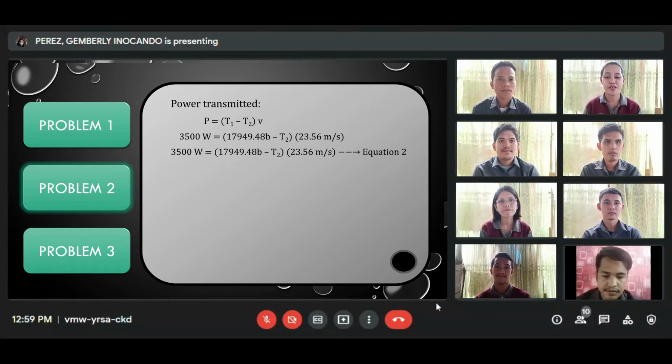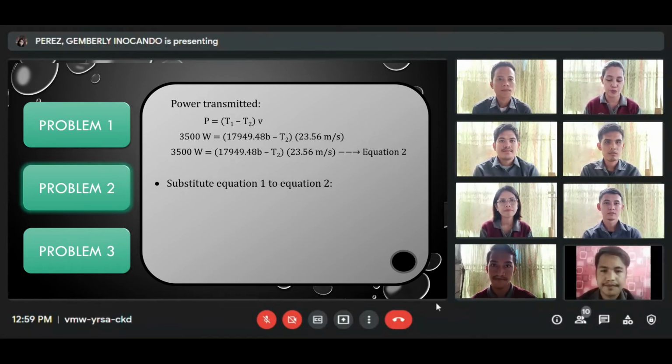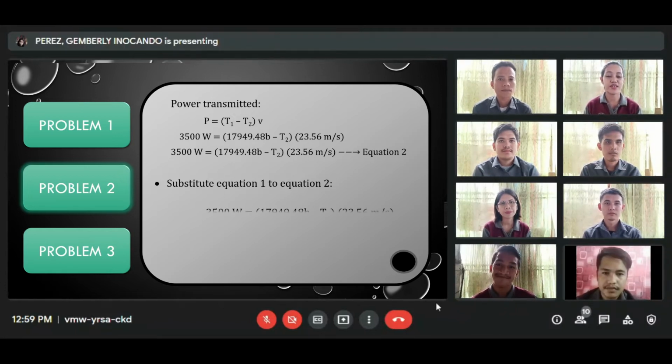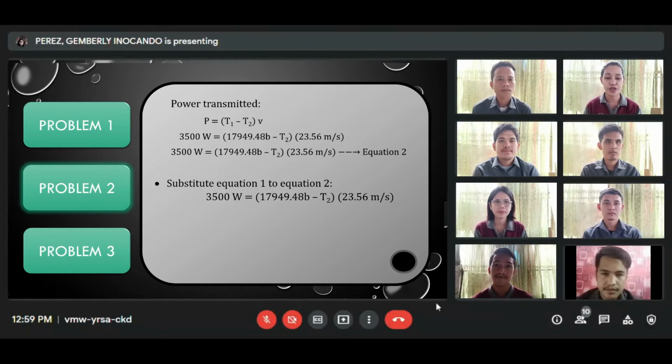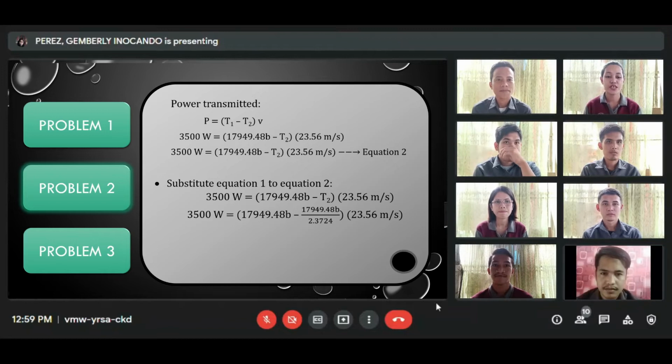Then substitute equation 1 into equation 2. So 35,000 watts equals 17,949.48 B minus 17,949.48 B over 2.3724, times the velocity, which is 23.56 meter per second.